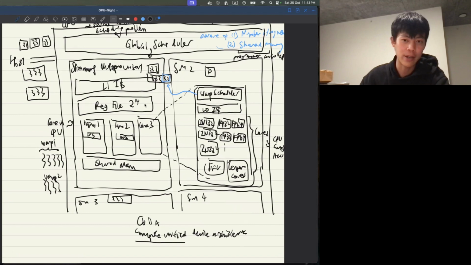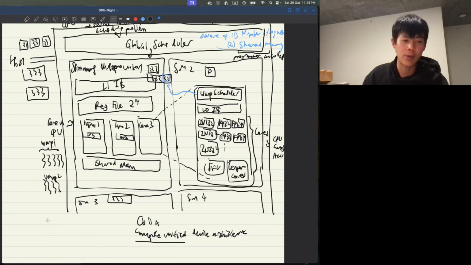So again, the global scheduler schedules in units of blocks. Once it comes to the streaming multiprocessor, the streaming multiprocessor will see those blocks as warps instead, because it's no longer useful to see them as blocks. The scheduling has been done. Then the warp scheduler in each of these lanes will choose a respective warp that is available to be executed.